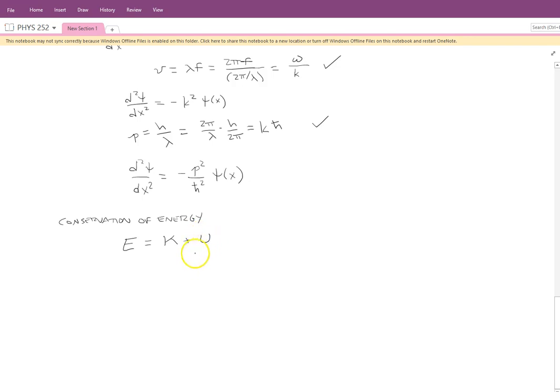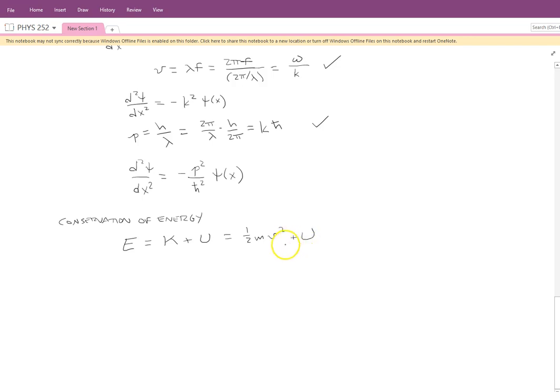So U is the potential energy of the particle or matter wave. Kinetic energy we can write as 1/2 mv squared. I'm not using relativistic mechanics. There is a relativistic version of the Schrodinger equation, but we won't worry about that in this class.